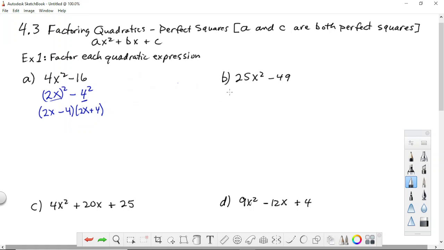So let's look at the next one. No middle term. Is this a difference of squares? To make sure, we can write it as 5x quantity squared minus 7 quantity squared. And there, that's it, right? That's a difference of squares. You square this 5x, you'll get 25x squared. So, simple enough. We simply break the parentheses.